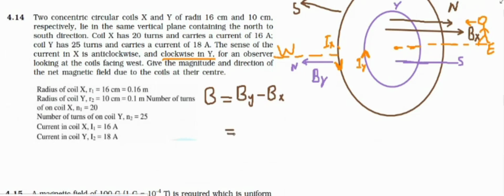We can substitute the equation for magnetic field at the center of a circular coil.